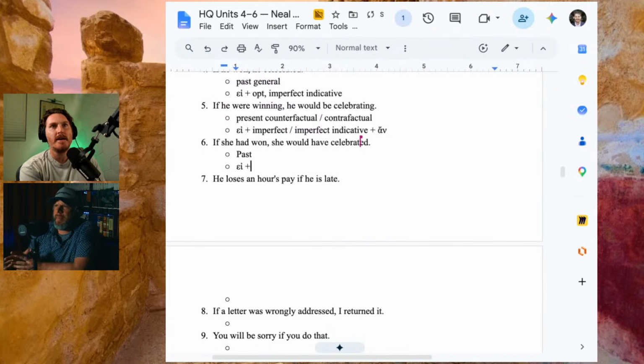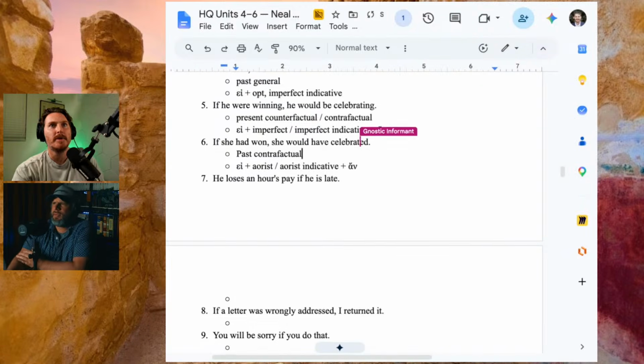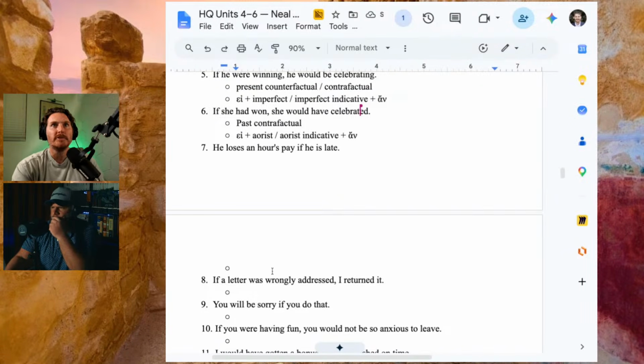So it's ei plus aorist indicative plus an. Yeah, exactly. Which is past contrafactual, or counterfactual, right? It's that because she didn't win. Exactly. If she had won, she would have celebrated, but she has no reason to celebrate because she lost.